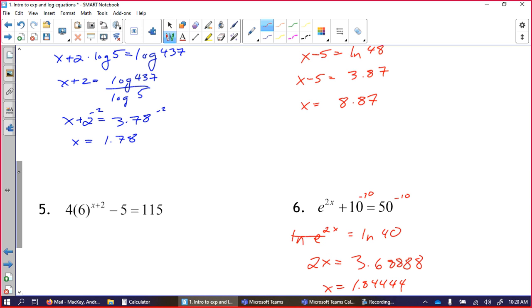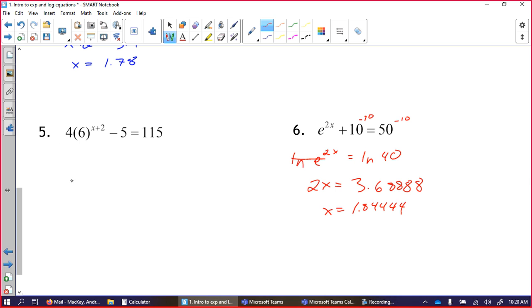And the last one for today is we've got a couple of steps. I need to get rid of the 5, get rid of the 4, and then do my log. So I have to add 5, then divide by 4. 6 to the x plus 2 equals 30. Log both sides.